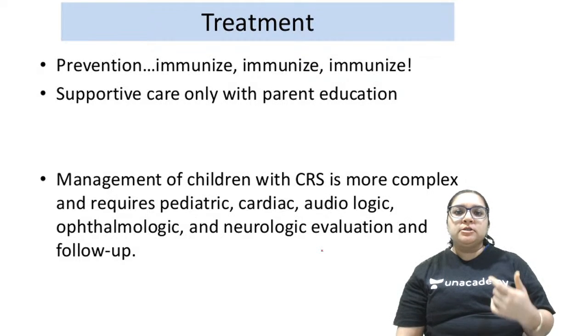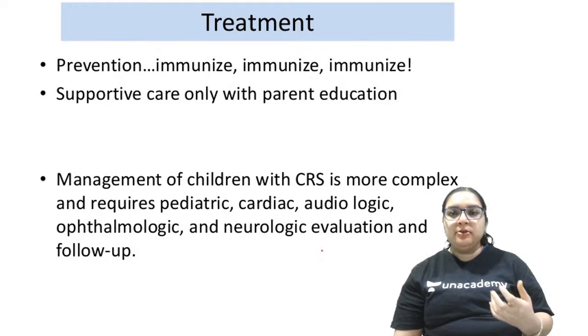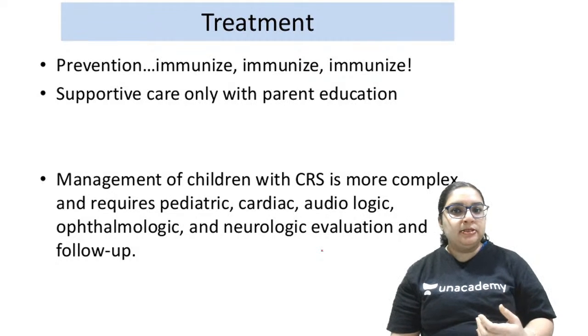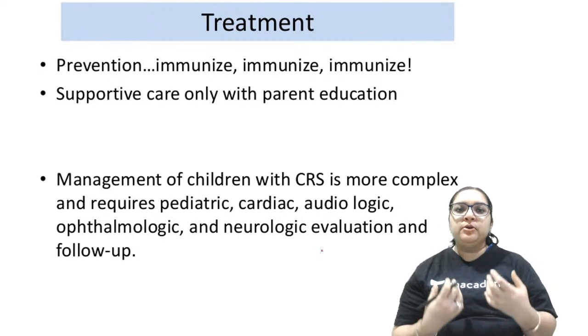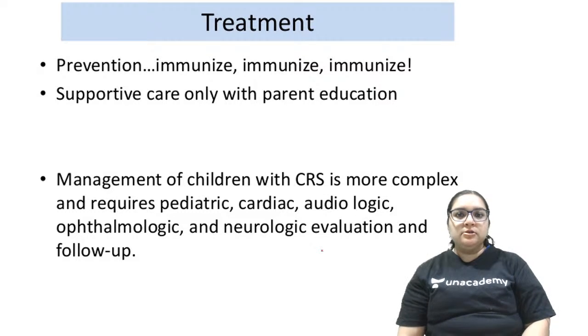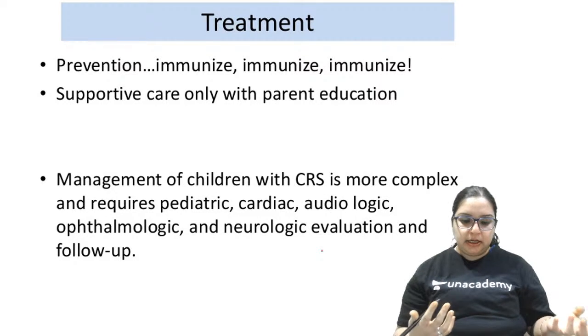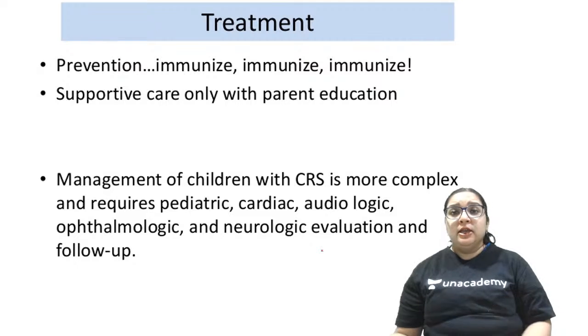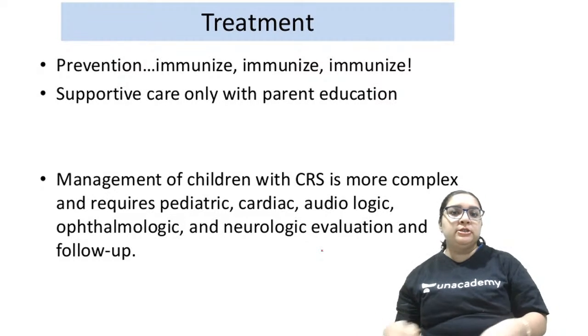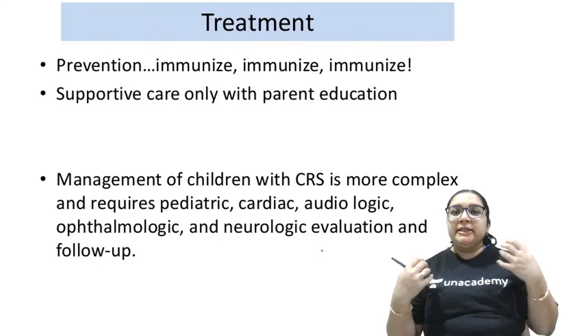Second is supportive care. So once the congenital rubella syndrome has been established, there is no way out. We just have to provide supportive care, like a child who has developed cardiac manifestations needs cardiac treatment; for sensorineural hearing loss, send them to the audiologist, send them to the speech therapist.